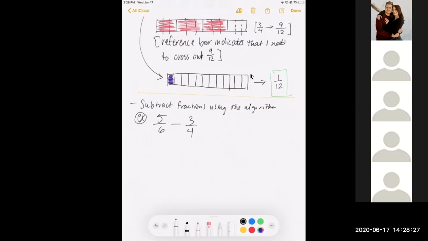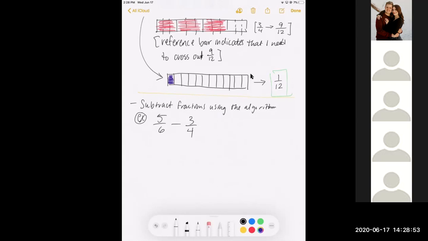So some of you who have learned fractions from before the core standards might still kind of wonder, okay, should I do common denominators or what? Or should I multiply the reciprocal? So now what we're doing is we say, okay, we know what 5/6 looks like. We know what 3/4 looks like. We want to subtract them. We need to find the same size pieces in order to take them off.